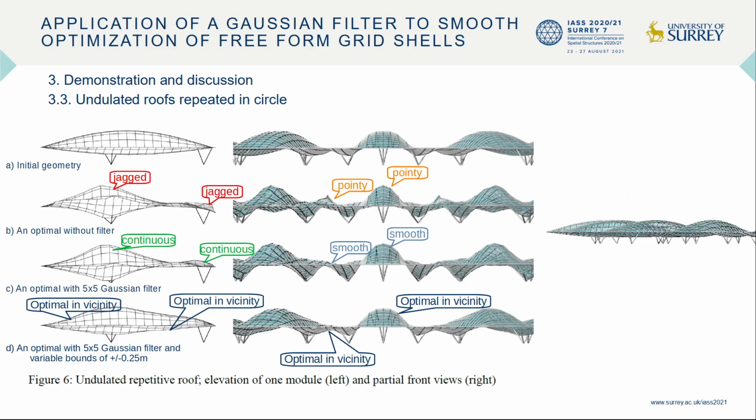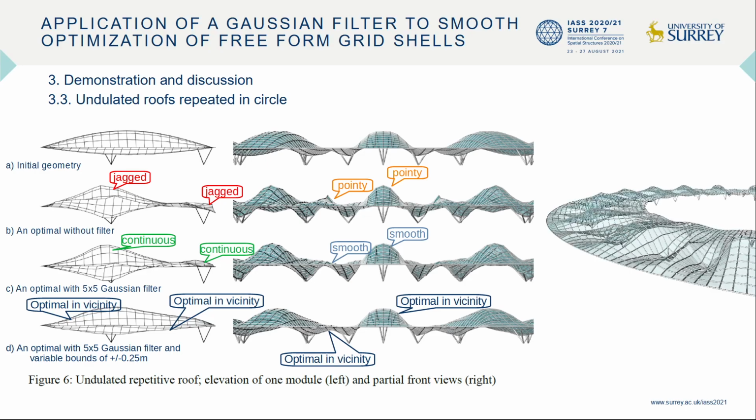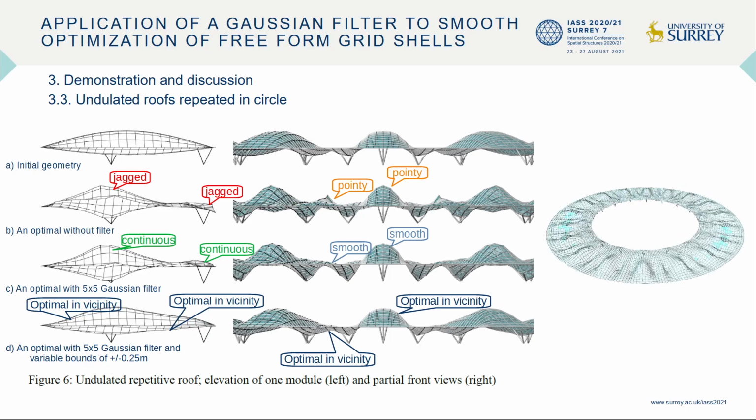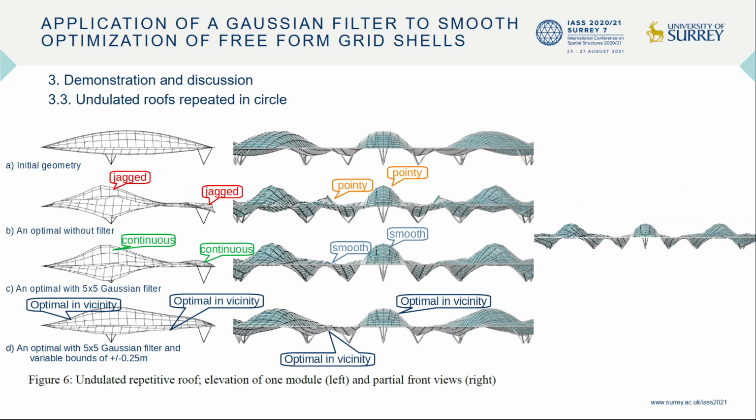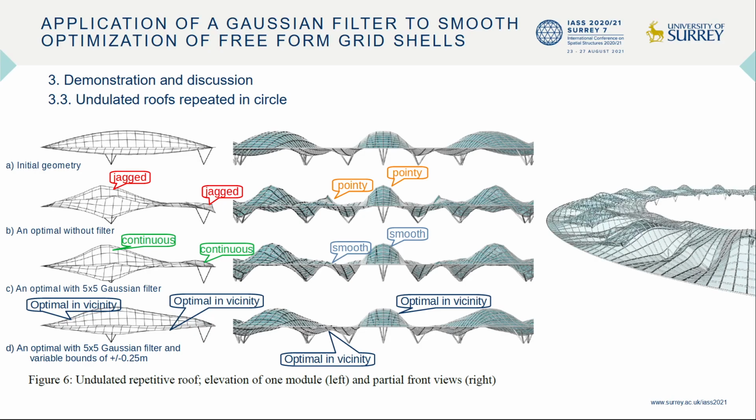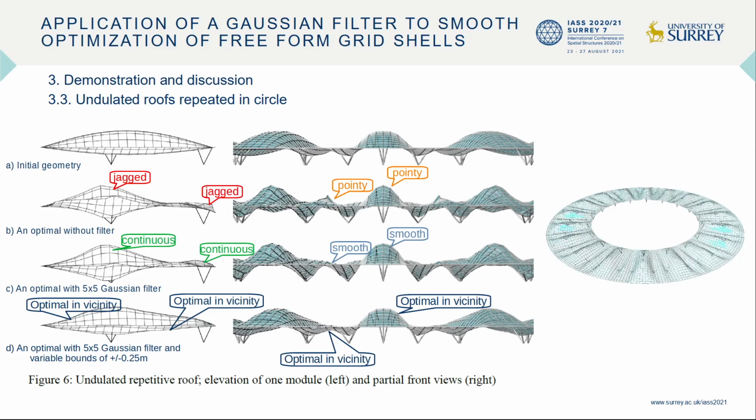Figure A is the initial geometry, B is an optimal solution without filter, C is an optimal solution with 5x5 Gaussian filter. The clear differences between the solutions with and without the filtering process show the effects of keeping the basic smooth surface.